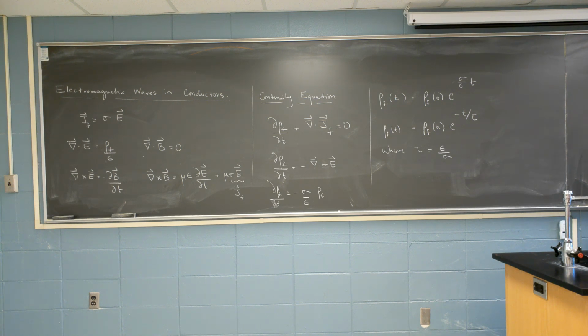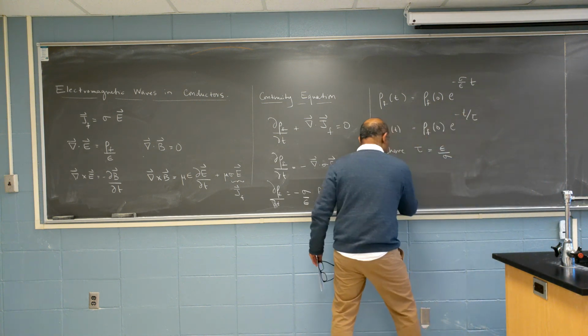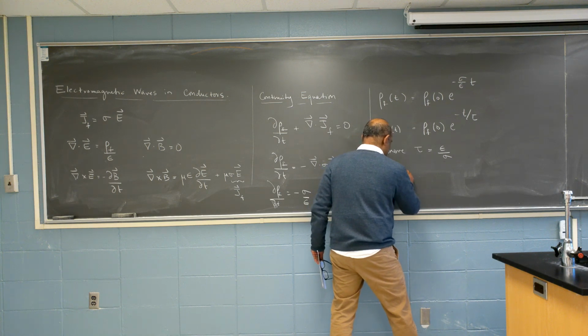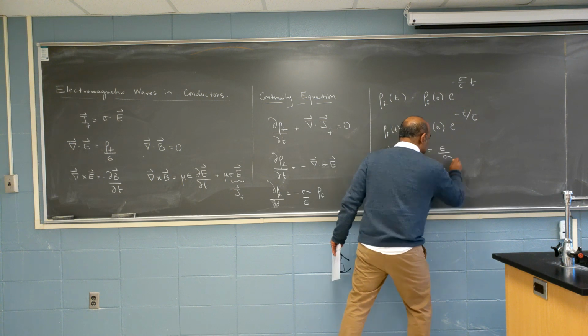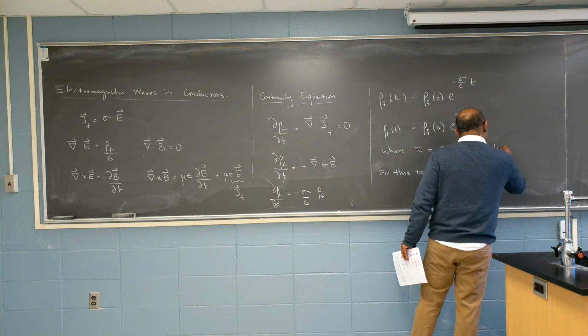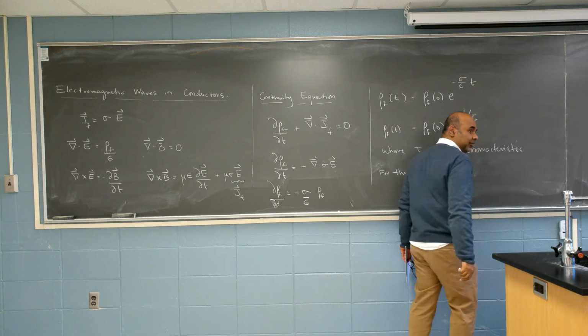I can give you a little more, a better estimation. I know it's crude, but look at this. This is T. And this is what's called the characteristic time.